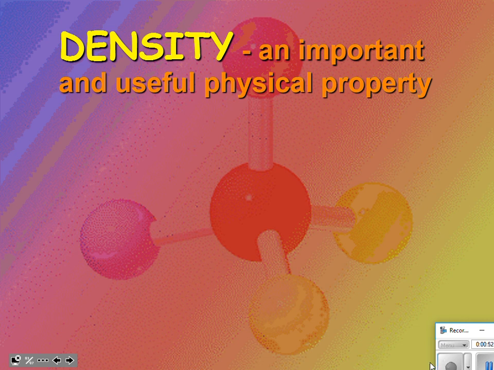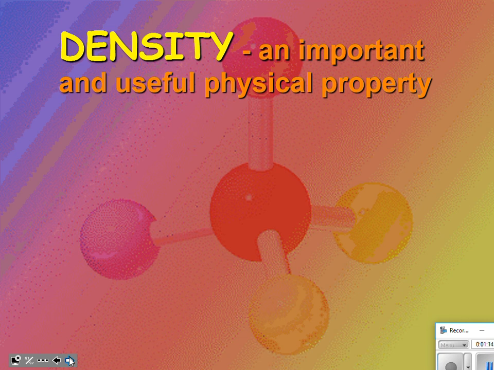If you would look on your periodic table, the density is one of the things that it does tell you. I'm looking over here. Density is this little number, the bottom blue number.